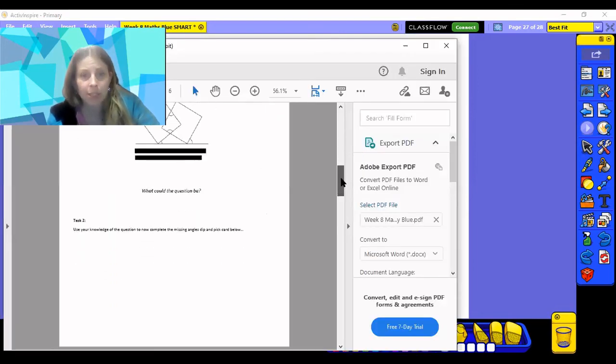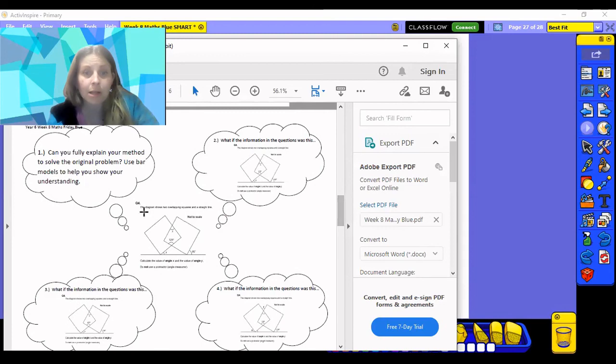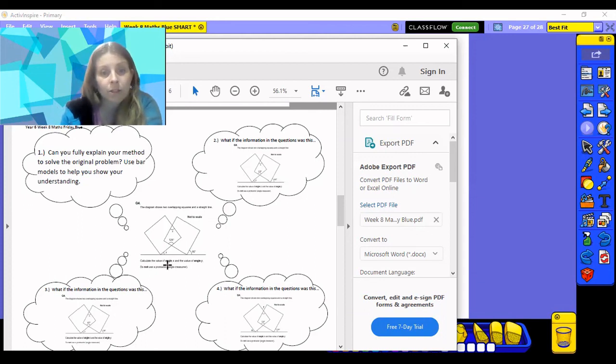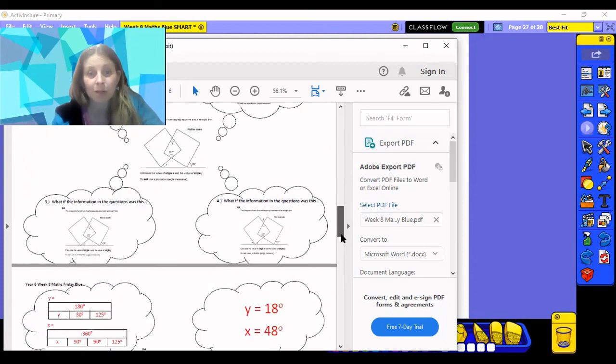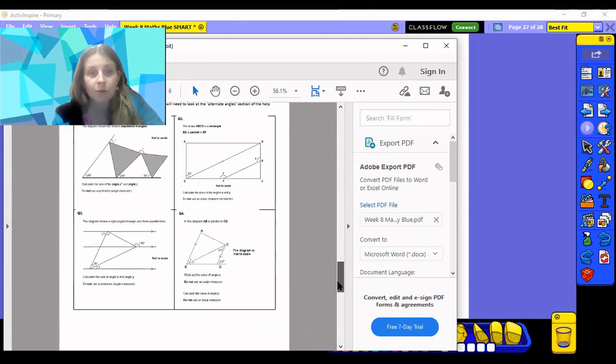So the next stage of the problem is to answer it and solve it and display it using a bar model so that you can show how you've arrived at the answers to X and Y. And then the problem gets slightly adapted for questions 2, 3 and 4. I appreciate this is question 4 in the middle, but work your way round, as you would do on a dip and pick card that we've done before. And there are the answers as normal.